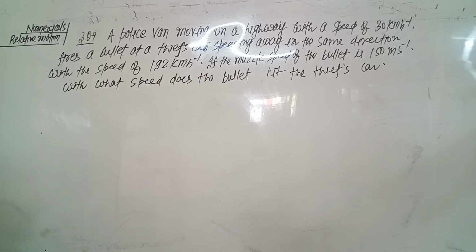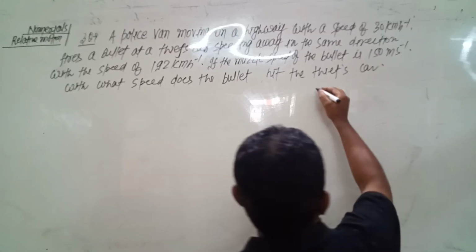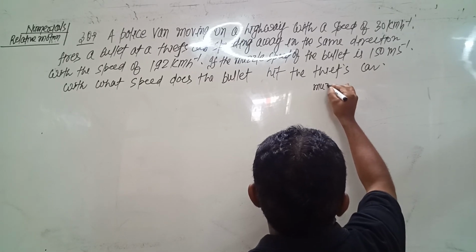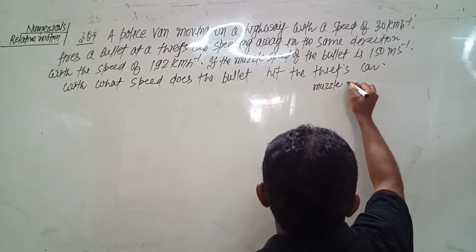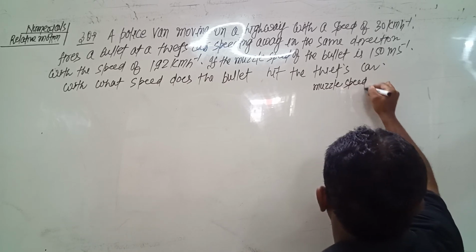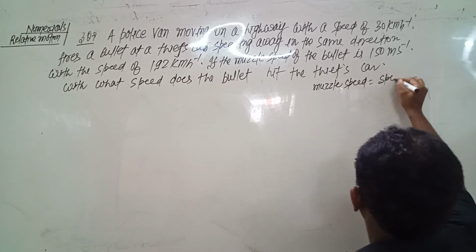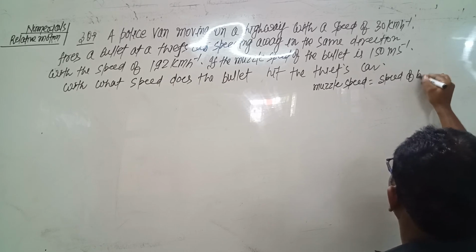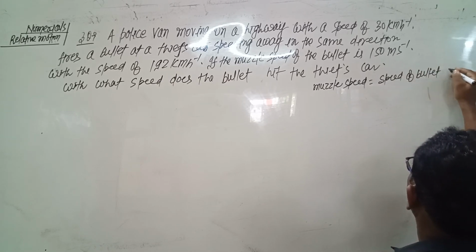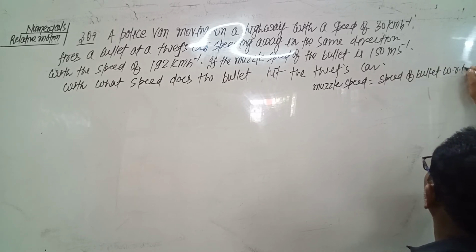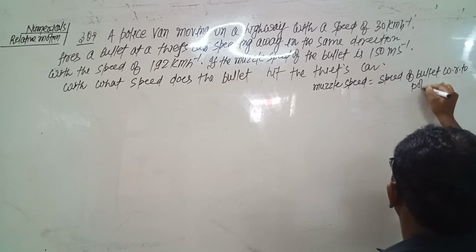Muzzle speed means speed of bullet with respect to police van.